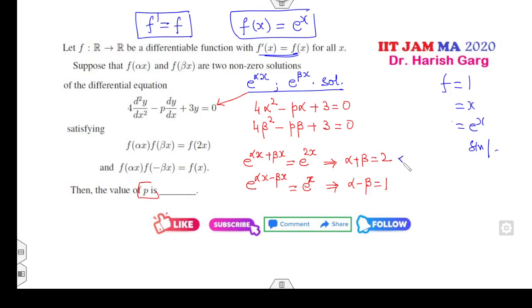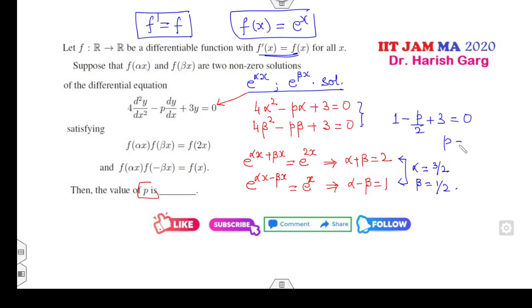Then your target is to find the value of p. So can you find the values of alpha and beta? You can add them. Fine. If you subtract them, fine. So I can substitute into any of the equations. I can substitute the value of beta, that's quite easy. So it's 4 by 4, 1 minus p over 2 plus 3.